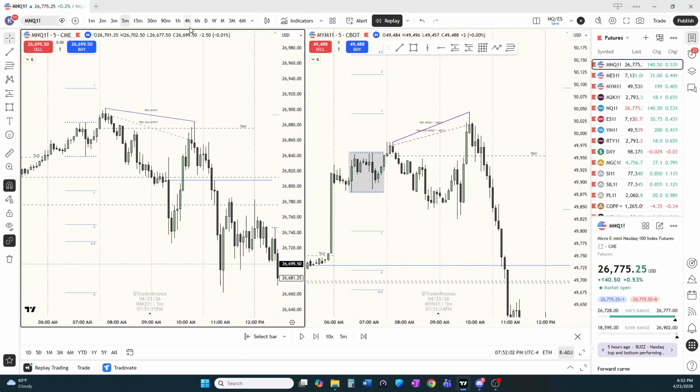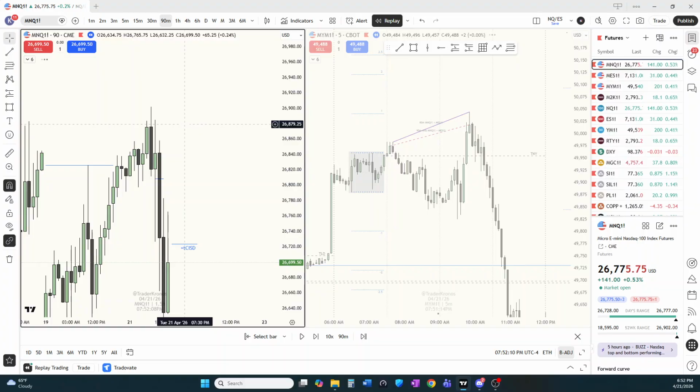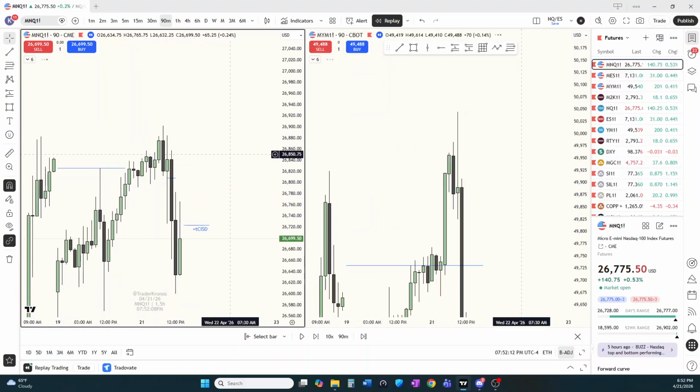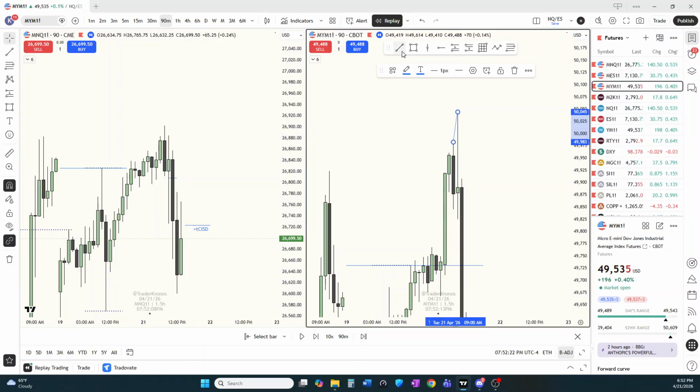If you look at this on the 4-hour time frame or even 6-hour, well, let's just look at it at 90 real quick. You'll see. So here's your sequential SMT on the lower that we saw.